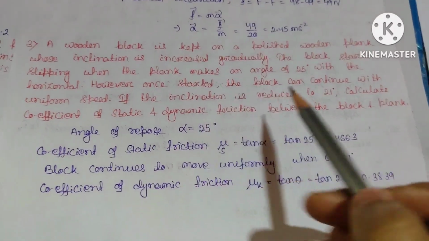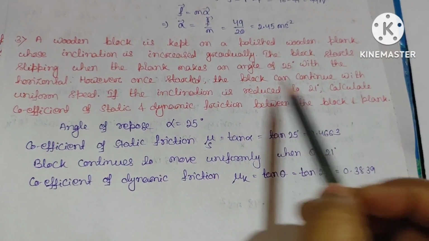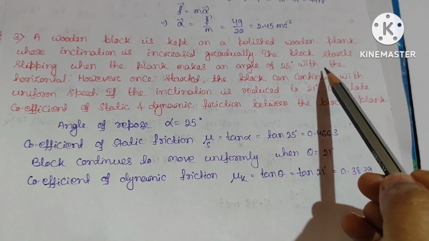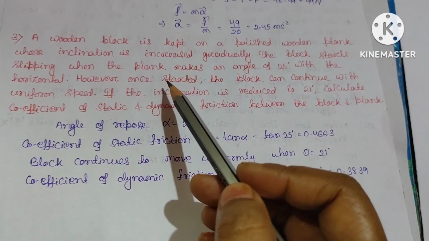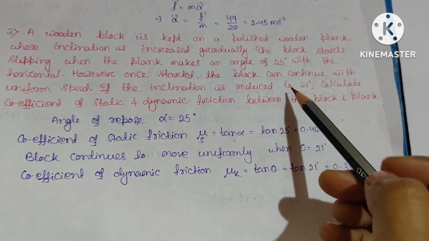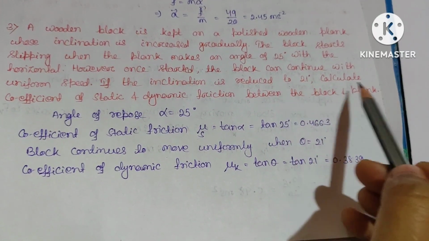The next question is, a wooden block is kept on a polished wooden plank whose inclination is increased gradually. The block starts slipping when the plank makes an angle of 25 degree with the horizontal. However, once started, the block can continue with uniform speed.